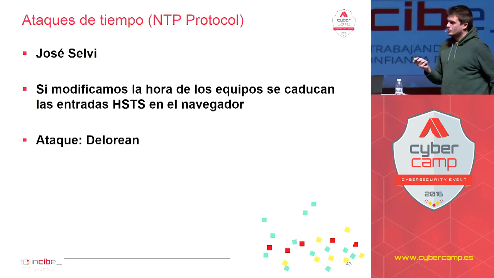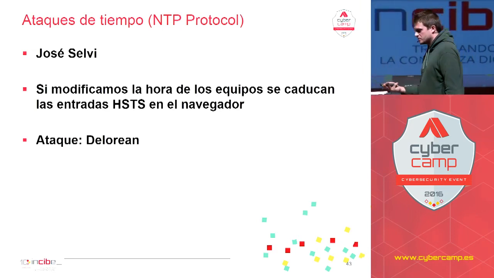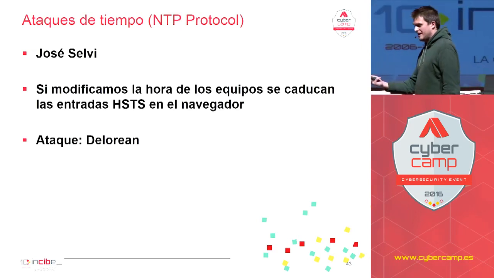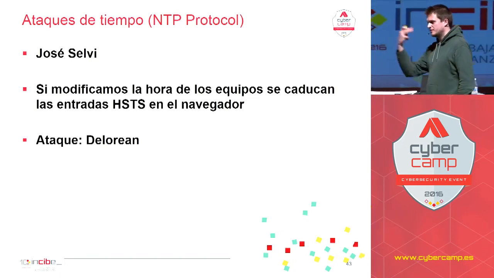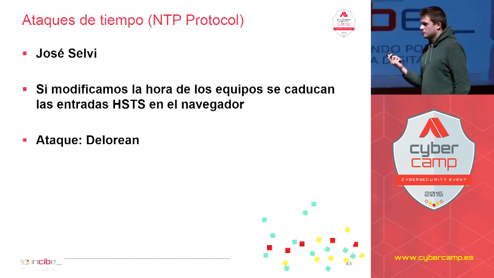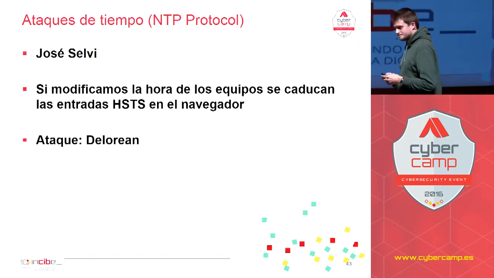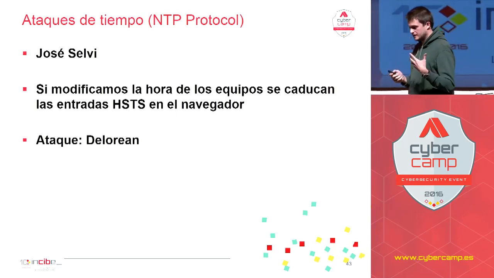That makes sense because they come with an expiry date. So he came up with an idea. What can I do so that devices move the hour up or down? How can I get those to move the time up? And how do they work?